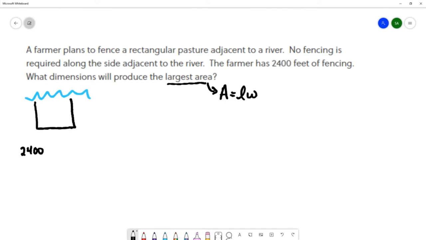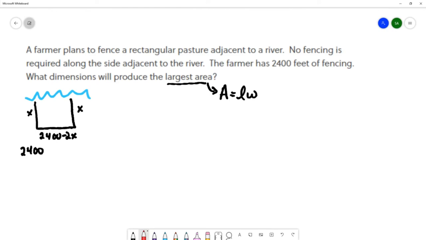So I'm going to label these sides as x, and then I'm going to label this longer side as 2,400 minus 2x. And this gives me a way of having the sides labeled with only one variable.